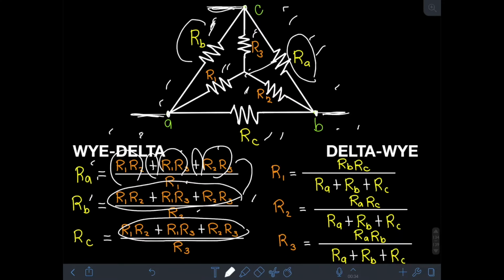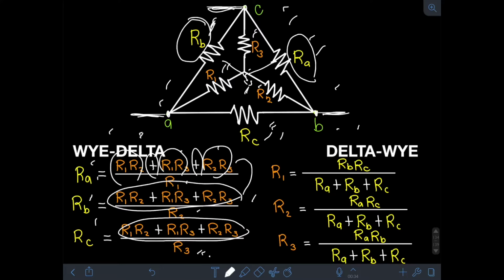So obviously, opposite the resistor RB is what? R2, right? So that's why it has a denominator of R2. And lastly, for RC, we have R1 R2 plus R1 R3 plus R2 R3 over R3. R3 is the opposite Y resistor for resistor RC in the figure. Okay? So that's the pattern for the Y to delta formula.